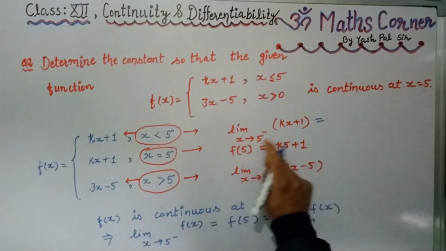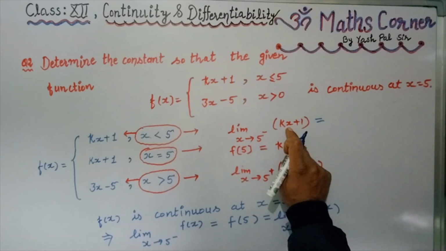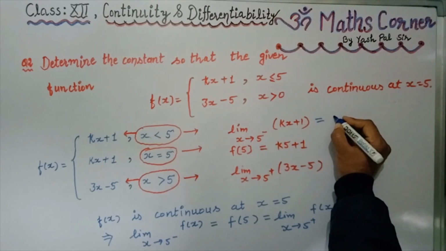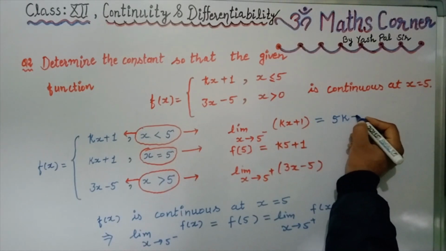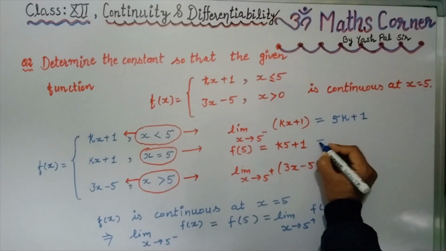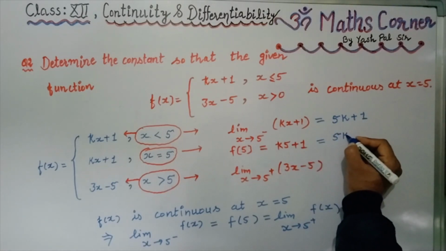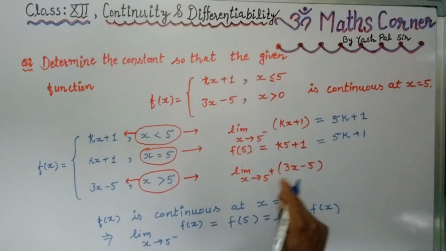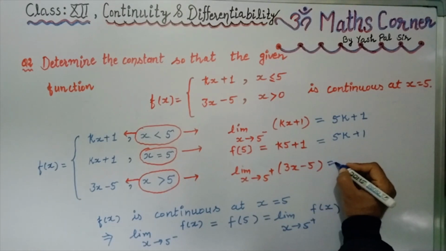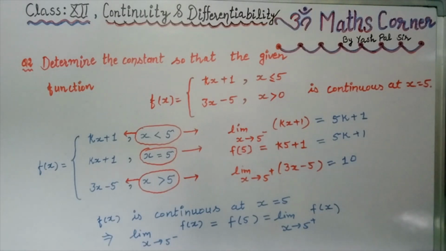First of all we evaluate the left-handed limit. Here we can put x equal to 5 directly, so this becomes 5k plus 1, and this is also 5k plus 1. Here put x equal to 5, 3 into 5 is 15, 15 minus 5 is 10.